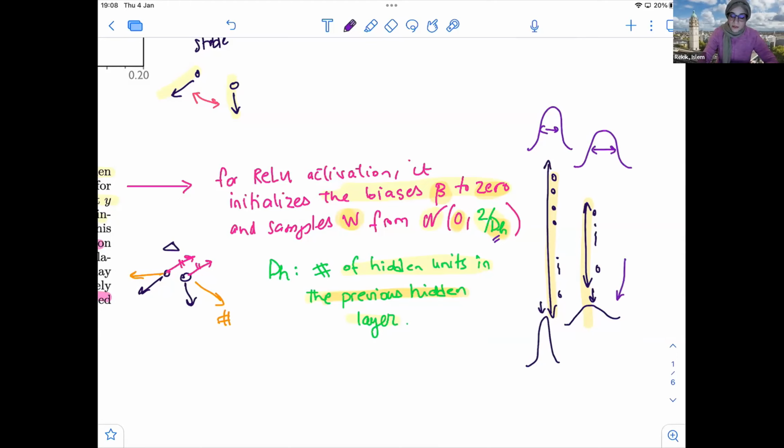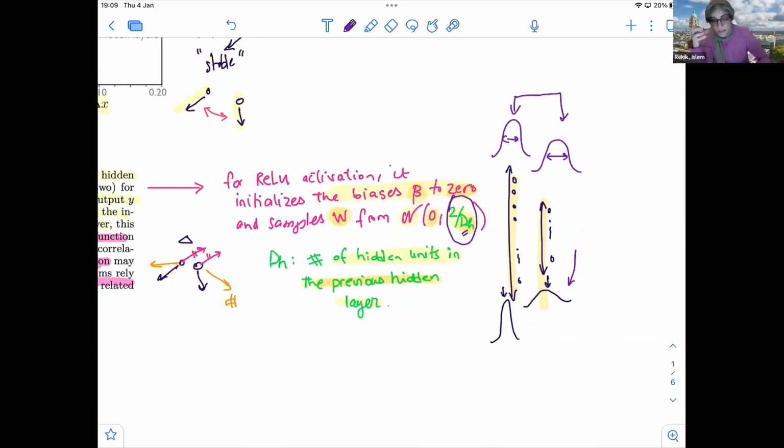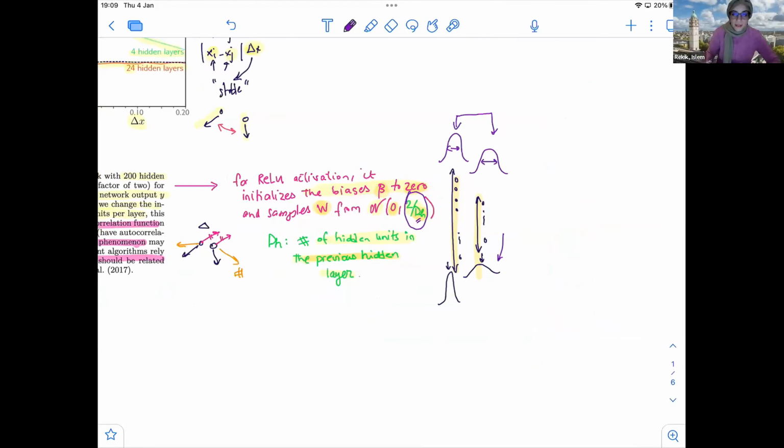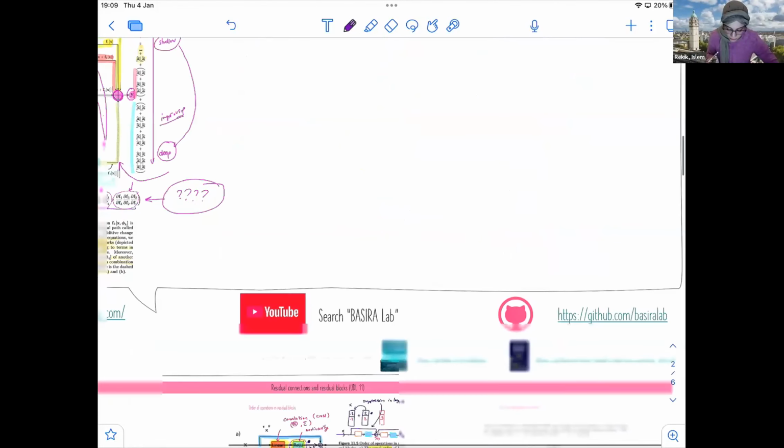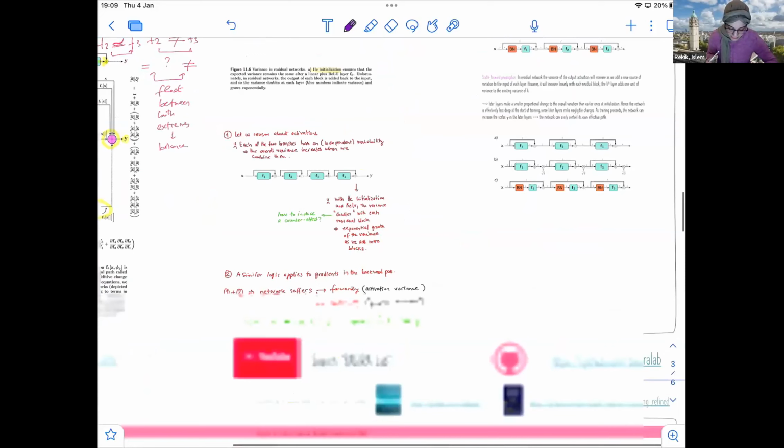So you're controlling the variance between two consecutive layers, and it is controlled by this factor right here. So this He initialization allows us to control the variance when we are initializing the network.